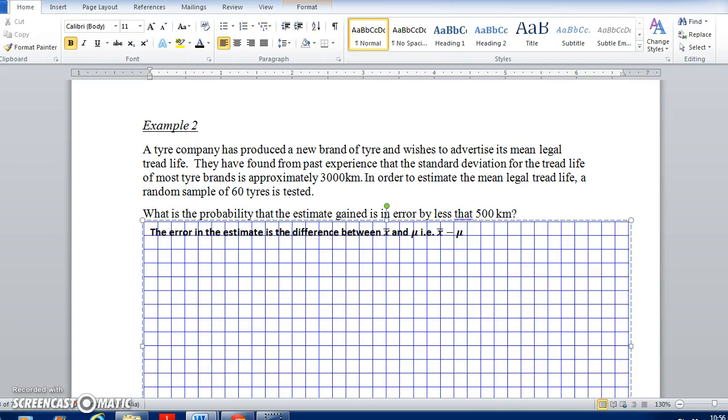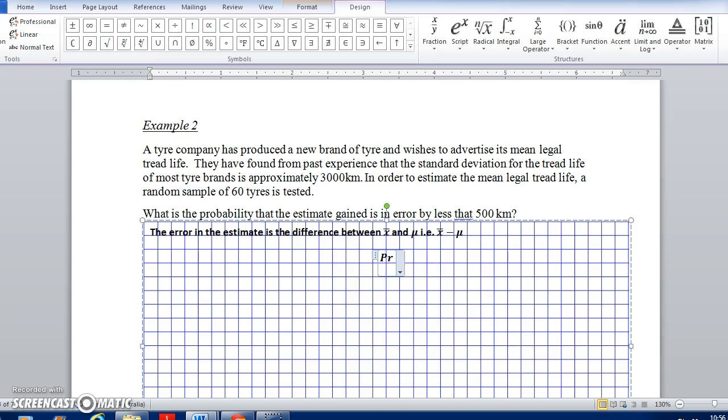Okay, so we want to know the probability that x bar take mu is between negative 500 and positive 500.